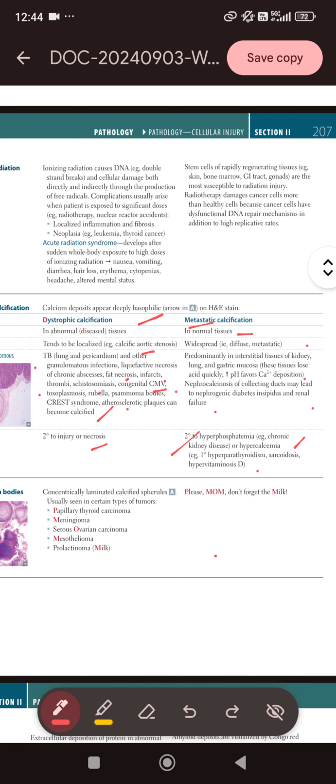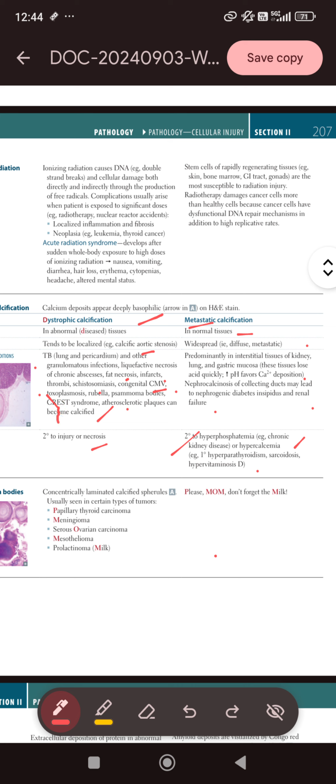So that in the question, for example, I will say in which of the following conditions metastatic calcification is seen, and I will give options like congenital CMV, schistosomiasis, CREST syndrome, and one other option for metastatic calcification, such as interstitial tissue of the kidney, or more importantly, hyperparathyroidism or sarcoidosis.